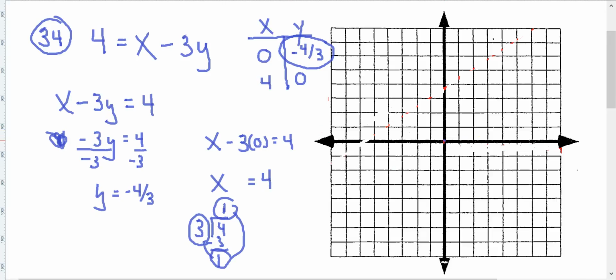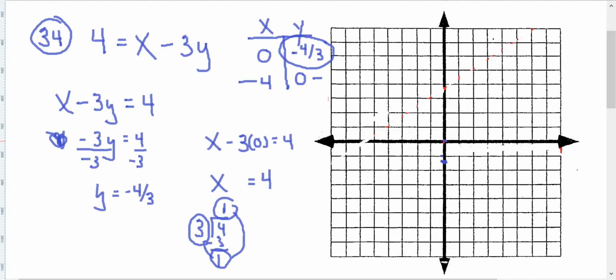So where is that? Here's the origin. x is 0 and y is negative 1 and 1/3. Here's negative 1, and then I'm just going to go a third of the way. This is just an estimate, and that's all you're going to do too. The other point is 4, 0.